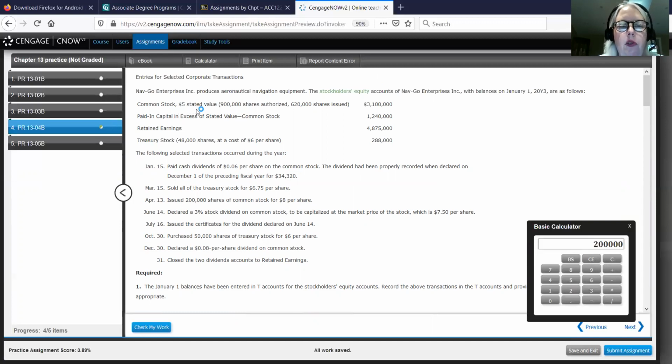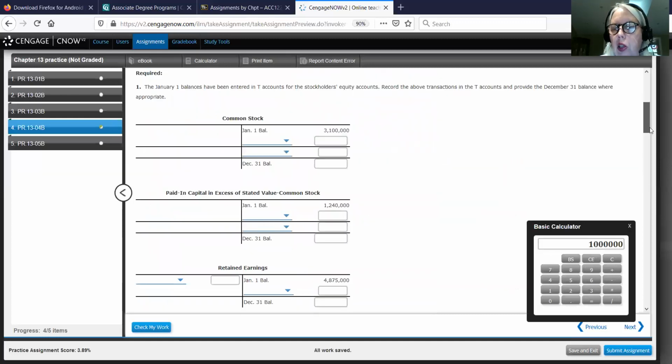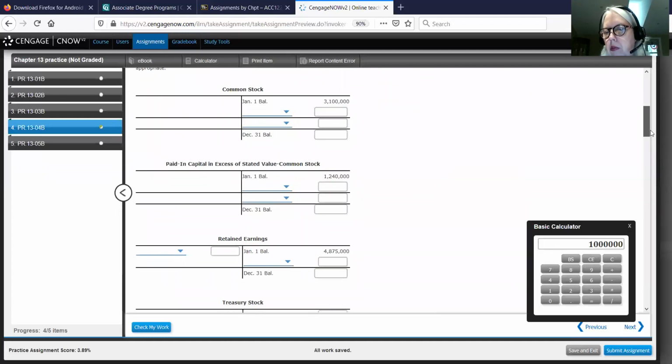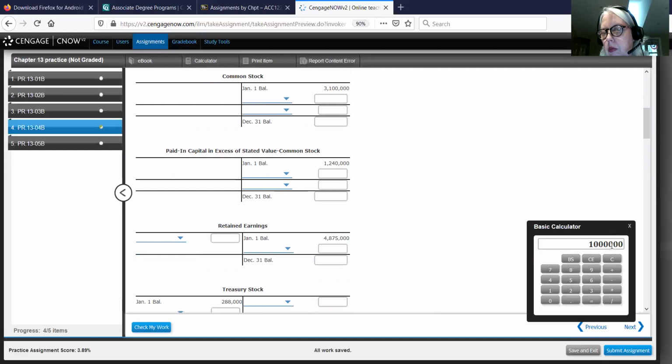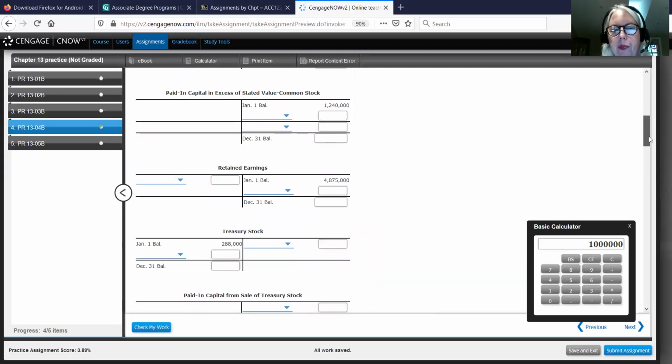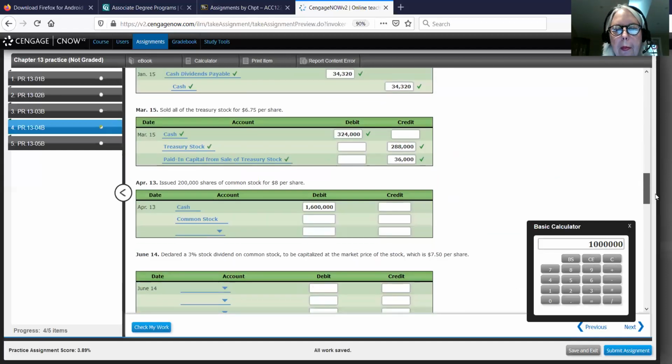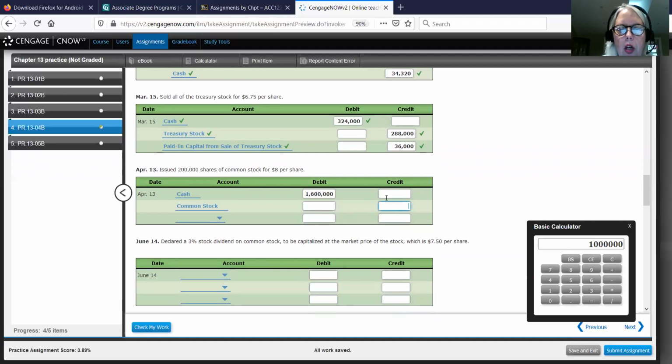Sometimes they'll use stated value instead of par value, but it means the same thing. The stated value is just an amount that's been printed on the shares of stock. So that 200,000 shares that we issued would be multiplied by $5 as the stated value, and that will give you $1 million as the credit to the common stock.